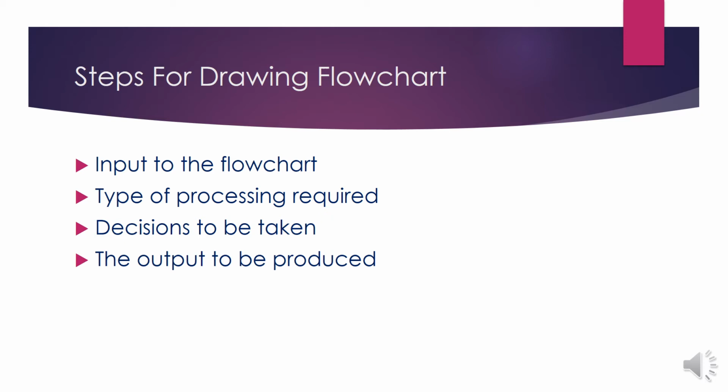In the second step, that is type of processing required, the flowchart developer must decide which type of calculation is to be performed or which type of formula is to be applied to obtain the required result.